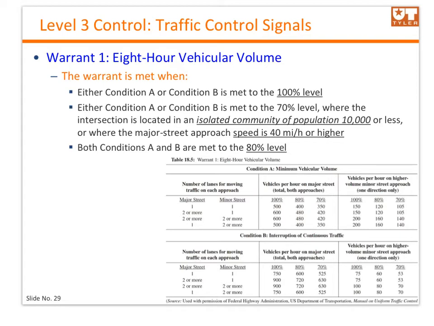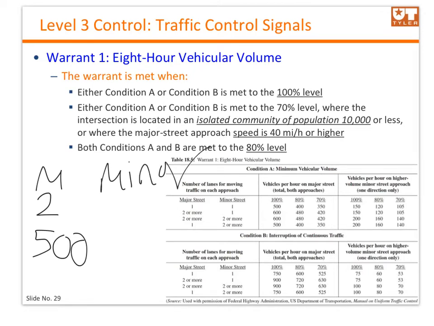We need to be aware that there are 2 numbers that have to be met, and we pick the lowest one. For example, again for the major street, I have 2 lanes and 500 vehicles. This is the summation in the 2 directions. For the minor street, I have 1 lane and 150 vehicles.